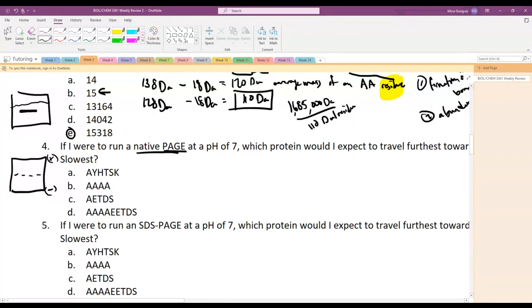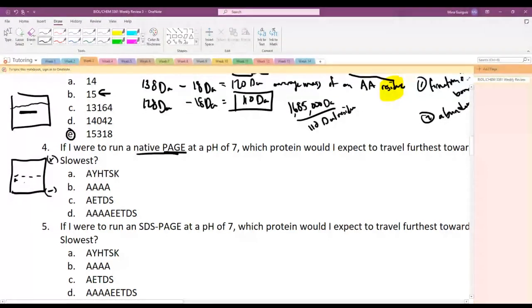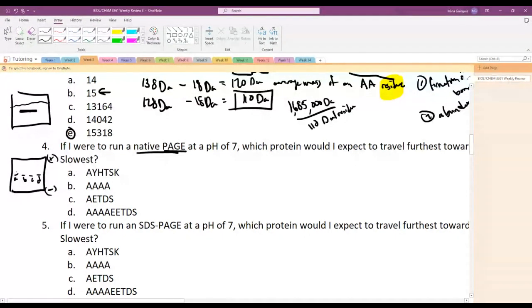You have this buffer at some pH, and at that pH, maybe this is sample A, this is sample B, this is C, this is D. Maybe A will go this way, and B will go slightly slower, C will go this way, and D could just stay where it is, right? What native PAGE does is it separates by size and it separates by charge, okay? In other words, we have to figure out relative size and relative charge. That's what we're going to do. What I always like to do when I'm figuring out charge is first list my N-terminus and my C-terminus.